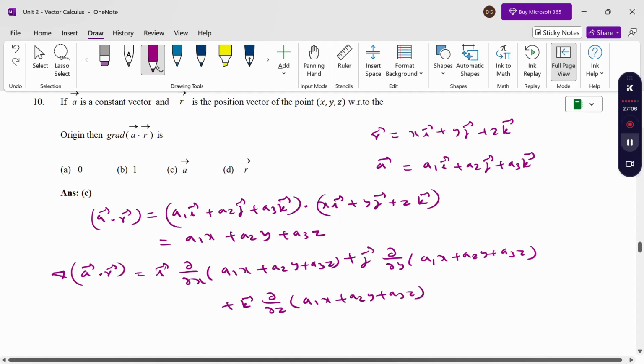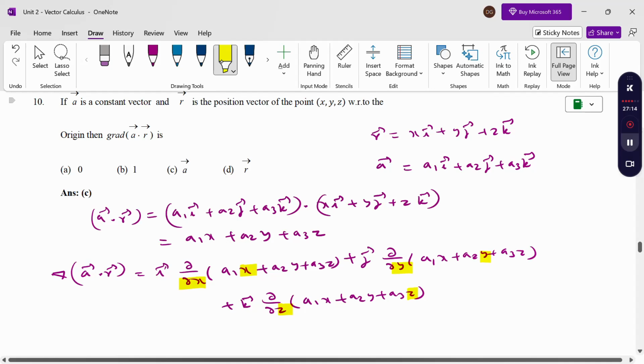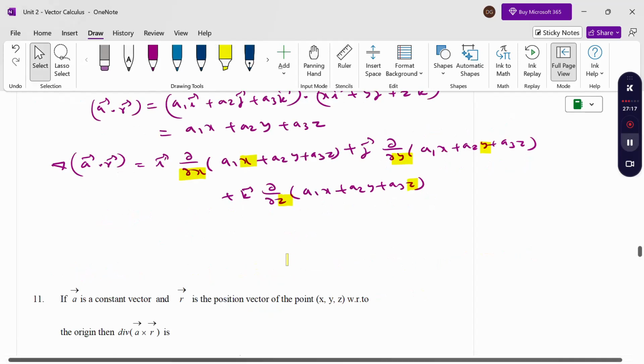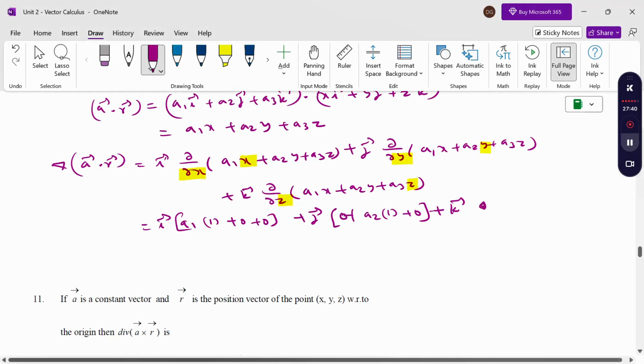When I am differentiating with respect to x, the x term, y term, z term, other values are constant. Therefore here i vector a1, x differentiation 1, other values 0, plus 0 plus j vector, first term 0 constant, second term a2, y differentiation 1, third term 0, plus k vector, dou by dou z, a1 x 0 plus 0 plus a3 into 1.